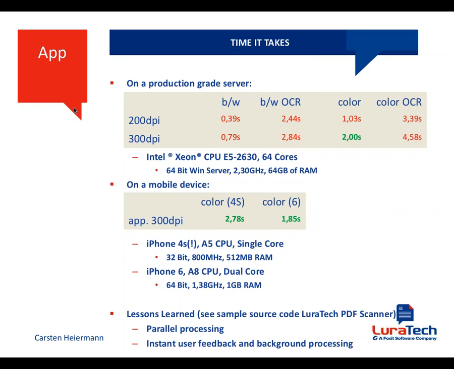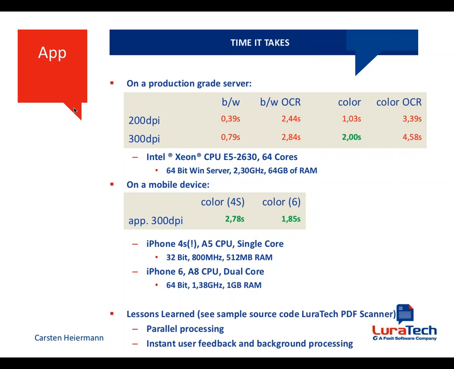On a mobile device, now how fast is it? We measured it again, we have a wide variety of computational power in these different devices. We have two almost extremes here. We use an iPhone 4S, that's very old, and we use an iPhone 6, not the latest generation 6S with the A9 CPU, but an iPhone 6 with the A8 CPU in there.